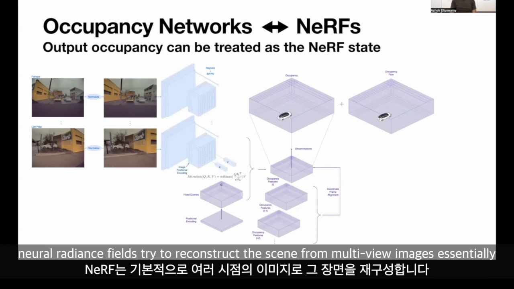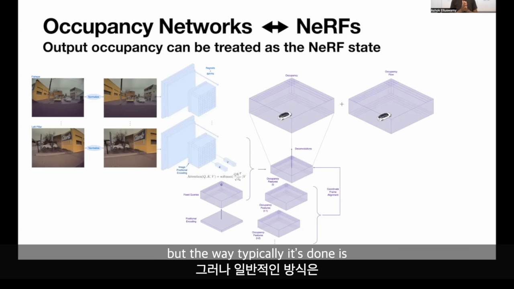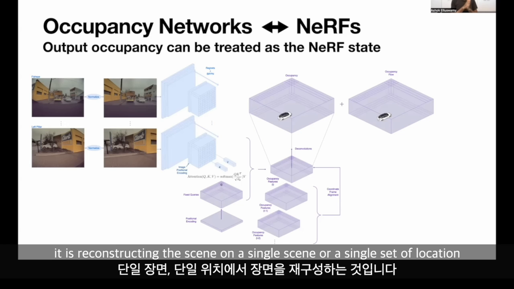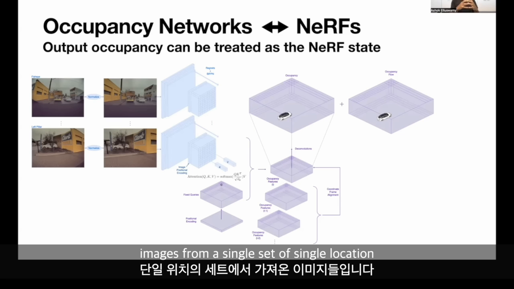Neural radiance fields try to reconstruct the scene from multi-view images, essentially. But the way it's typically done is it is reconstructing the scene on a single scene, from images from a single location.